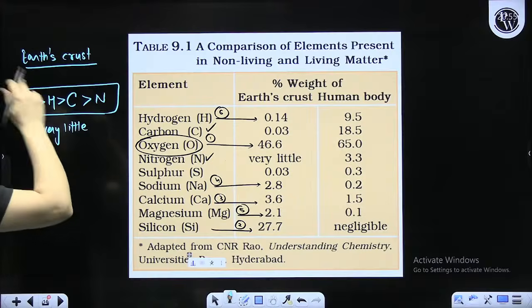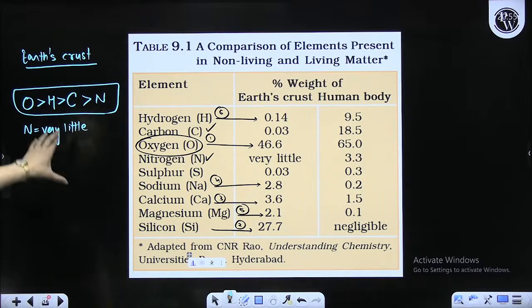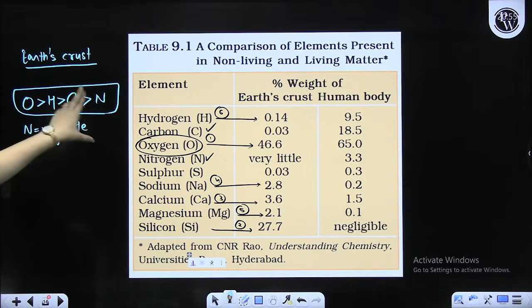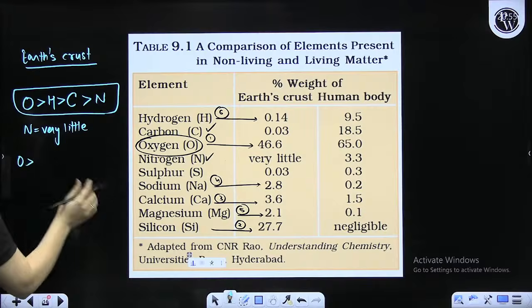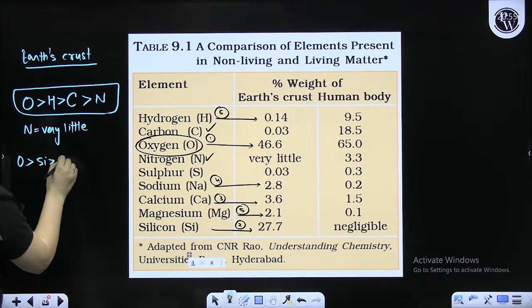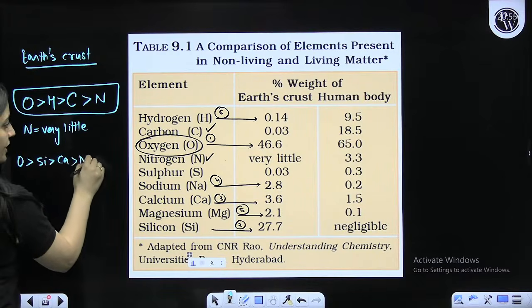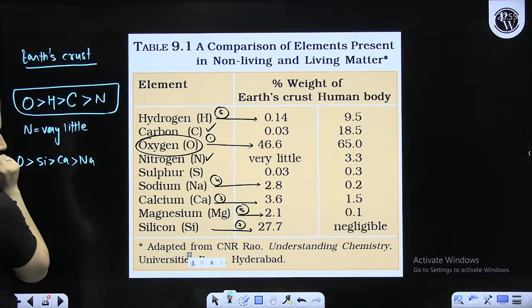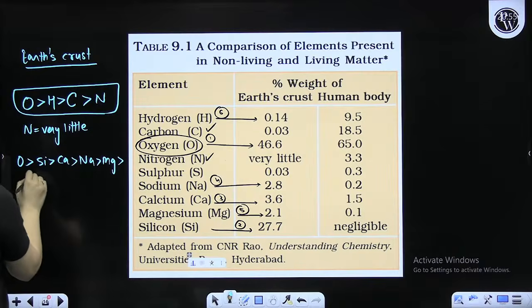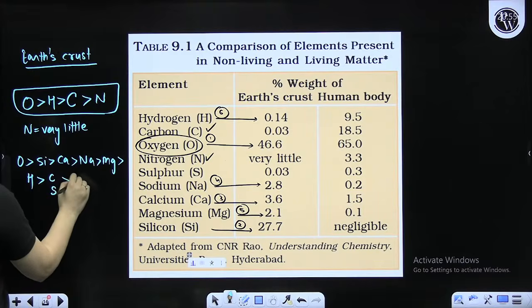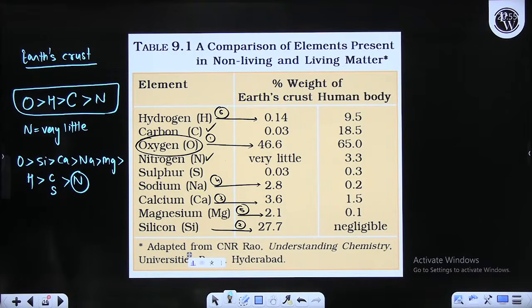First oxygen, then hydrogen, then carbon and then nitrogen. Overall, oxygen is maximum, then you have silicon, then calcium, then sodium. After sodium, you have magnesium. Do check it. Am I writing it correctly or not? After hydrogen, carbon and sulfur are at the same level, and then you have nitrogen, very little. Overall, this is what you have.